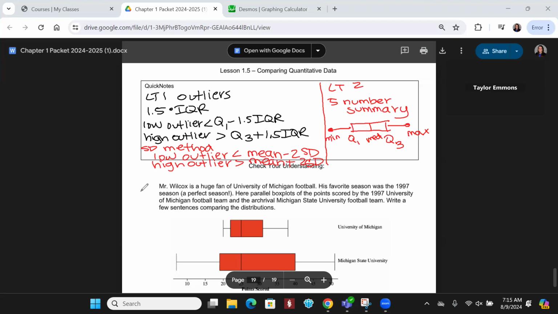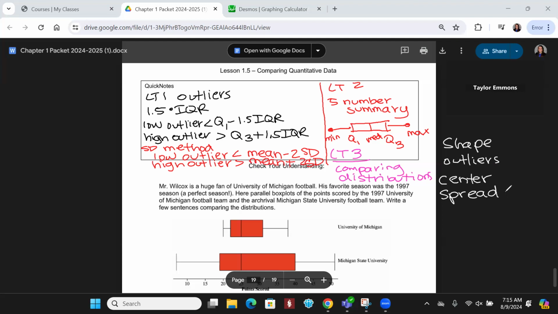And then our third learning target, which I'm going to put down here. Okay, we talked about comparing distributions. With comparing distributions, we talked about the shape, the outliers, the center, and the spread or variability.